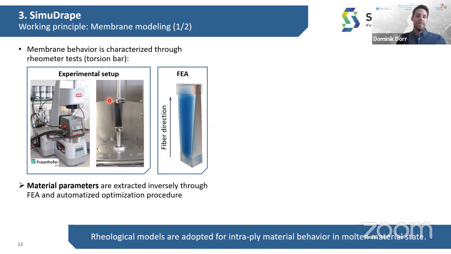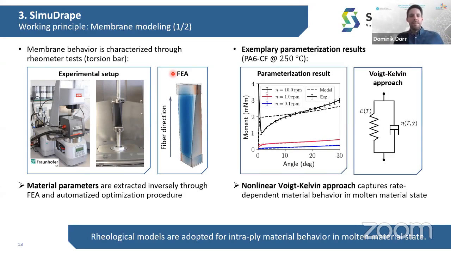Now, to extract the material properties from this characterization test, we use a finite element analysis and tweak the parameters in an optimization procedure until we see good agreement between the characterization test and the simulation result. I brought an example today of how this looks for a PA6 carbon fiber reinforced tape.